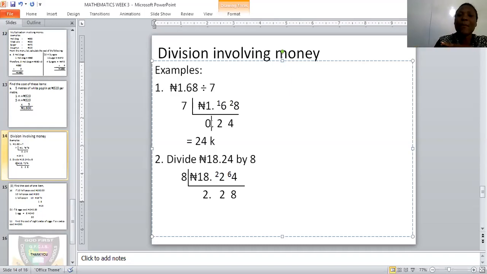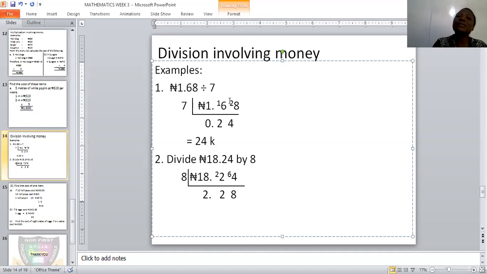I will stop at 14. So how many times did I multiply my 7 to give me 14? 2. So I will write 2, and the remainder, 14 from 16, will give you 2. You put the 2 beside the next digit, it becomes 28.